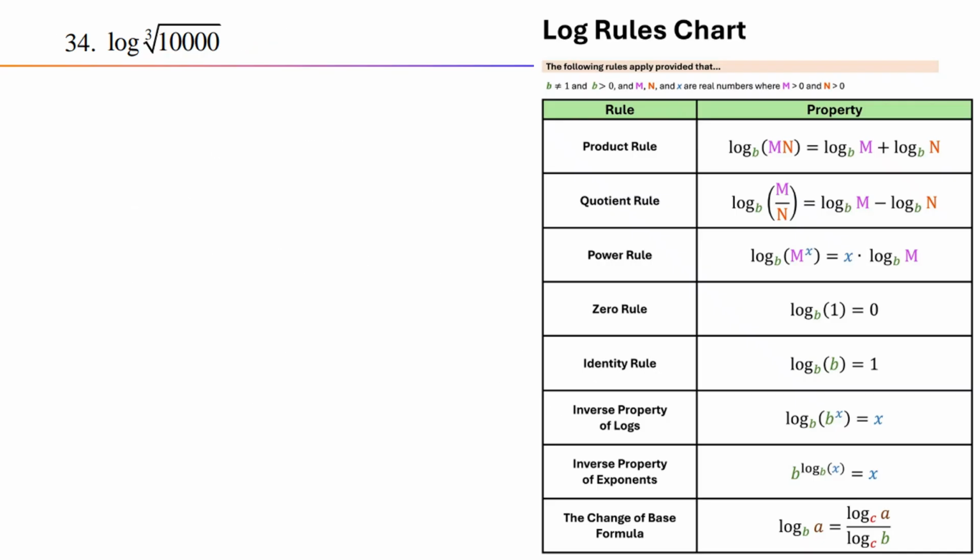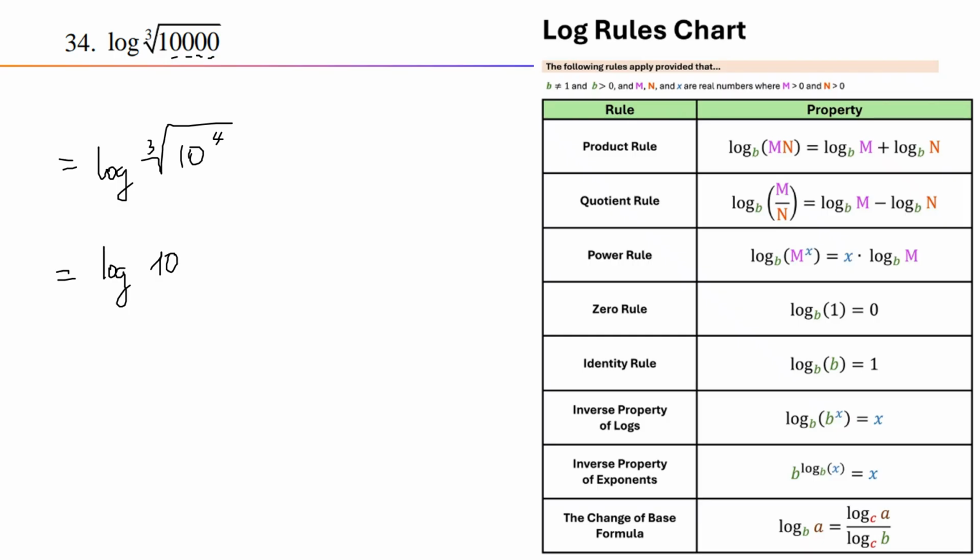Now this one is a little bit more complicated. Okay, so we're still counting, 1 2 3 4, so we have 10 to the power of 4. Okay, and this is the log base 10. So remember, we can rewrite the root 3 of 10 to the power of 4 with the fraction in the exponent.